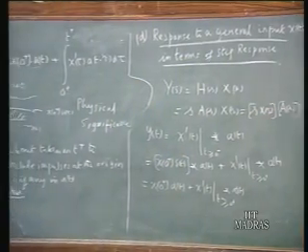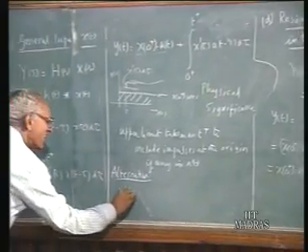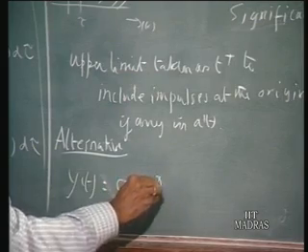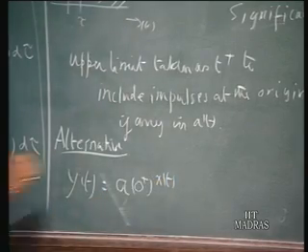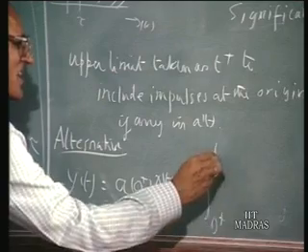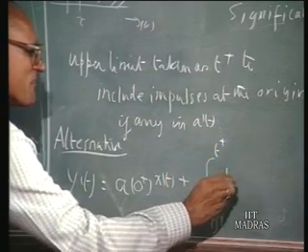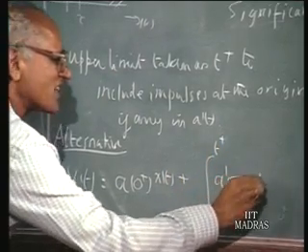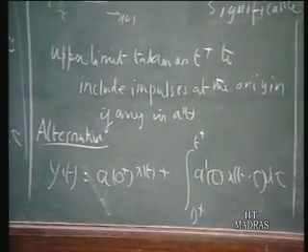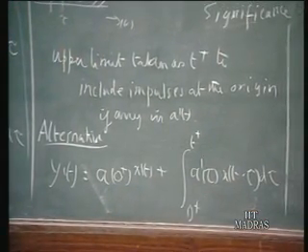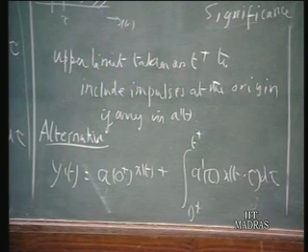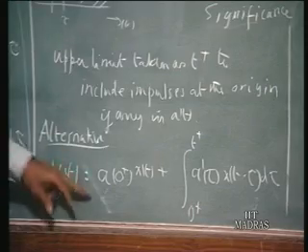So an alternative version would be y of t equals A of 0 plus times x of t plus the integral from 0 plus to t of A prime tau x of t minus tau d tau. So that is an alternative way of representing this, because after all, X(s)A(s) is symmetrical in A(s) and X(s). So whatever role x of t plays here, A of t can also play here.